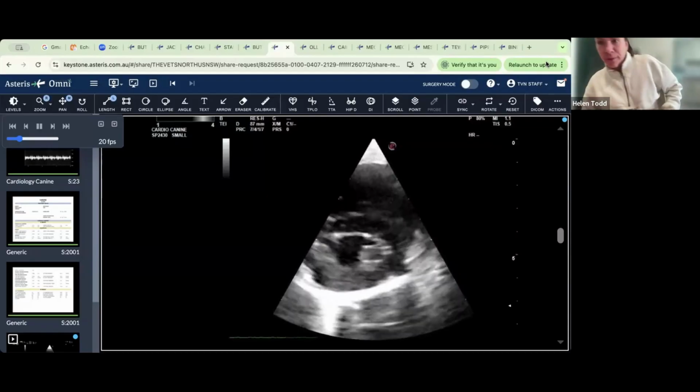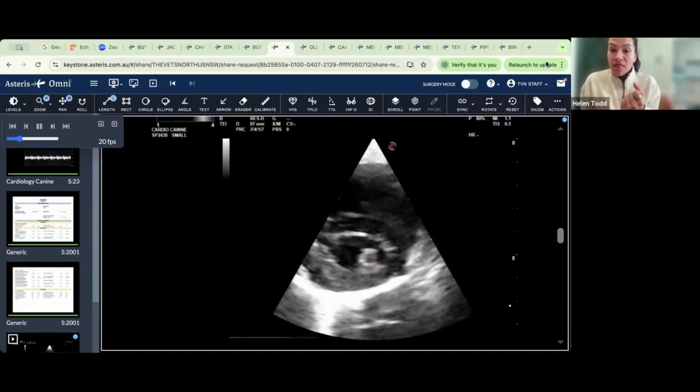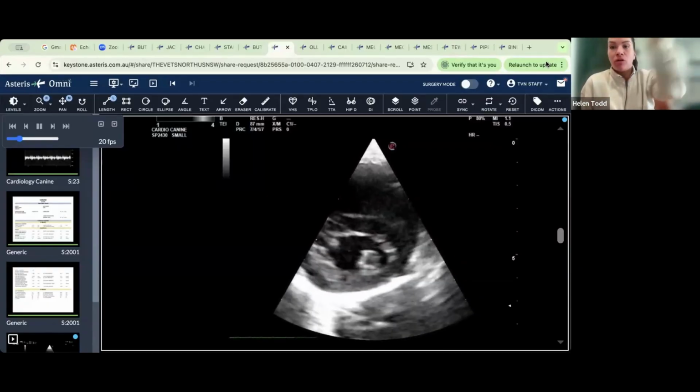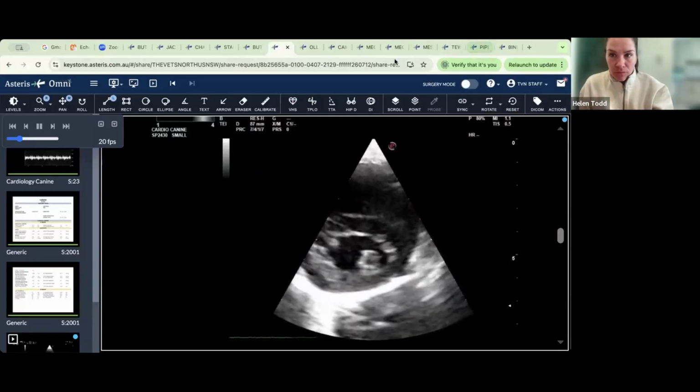So sometimes I know we shouldn't pattern recognize, but sometimes even with the signalment, if we're going to scan a young Frenchie, I'd be thinking a lot more about pulmonic stenosis and a VSD, of course, or a PDA, than, for example, a Rhodesian Ridgeback or a large breed dog that we're typically thinking about getting aortic valve disease. There's massive overlap in that, of course. Okay, good. That was very well picked out.